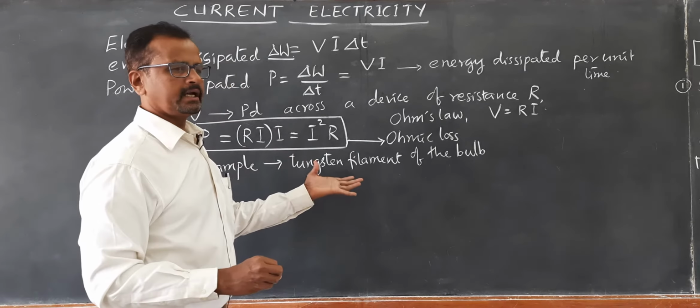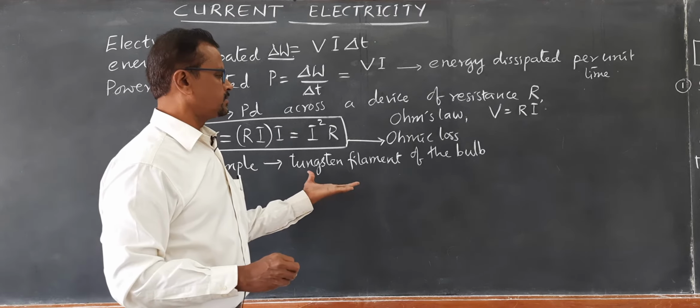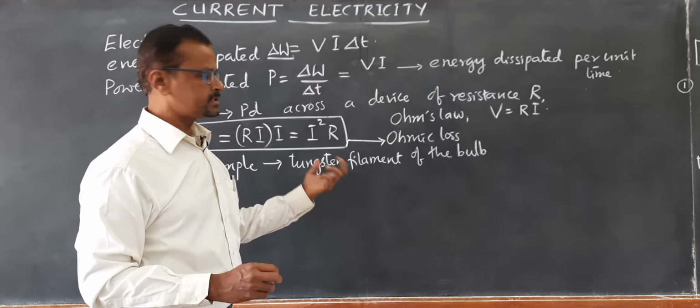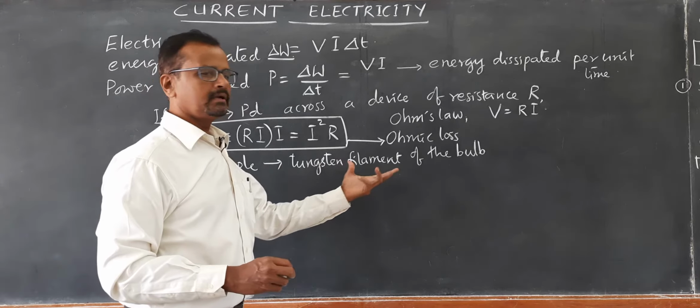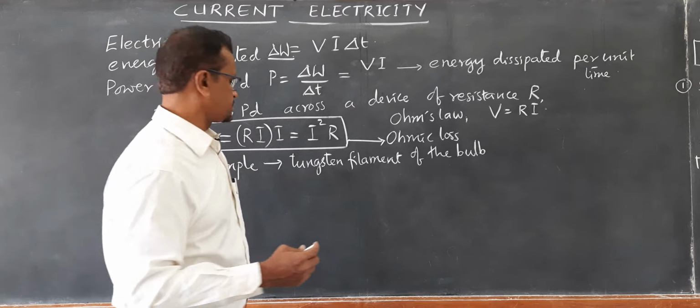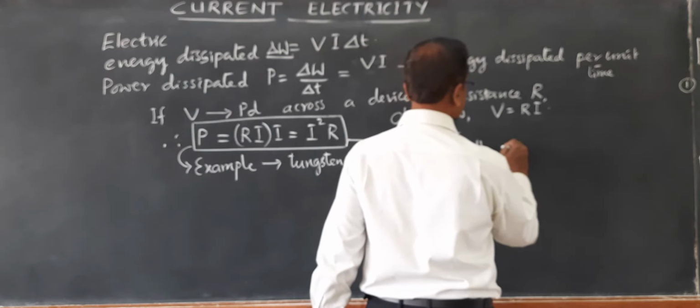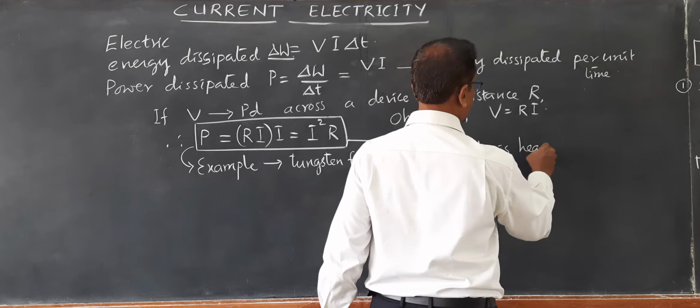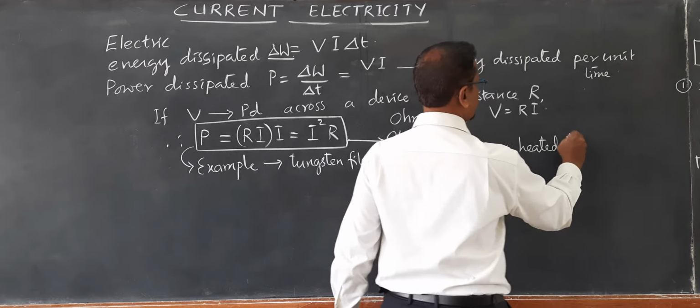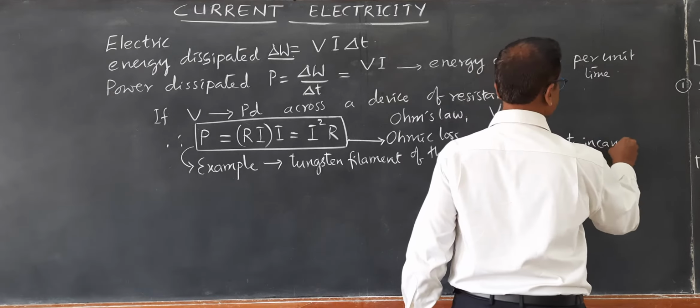When we pass the electric current through the tungsten filament bulb, what happens? The tungsten filament of the bulb is heated to incandescence. I told you what incandescence is.